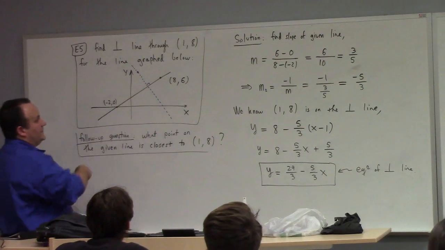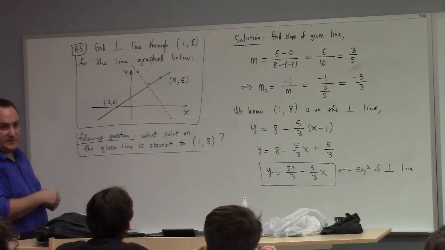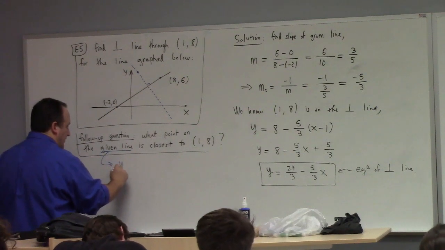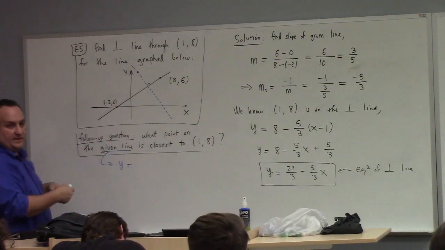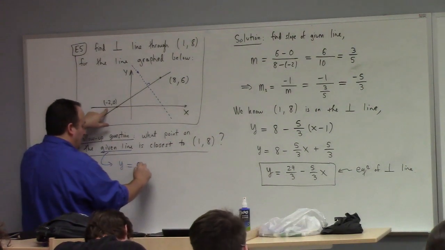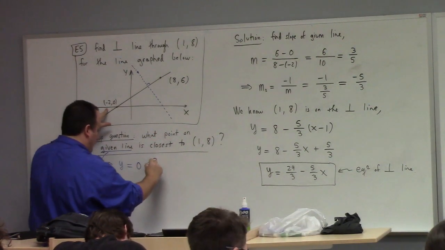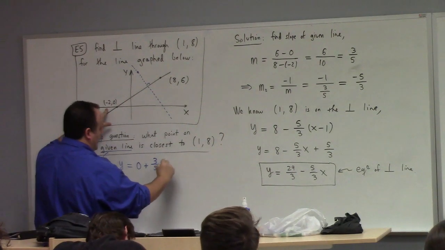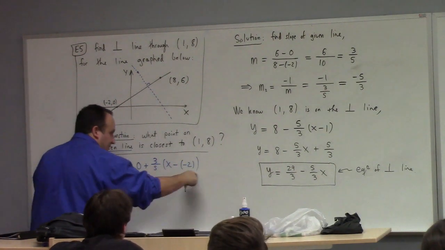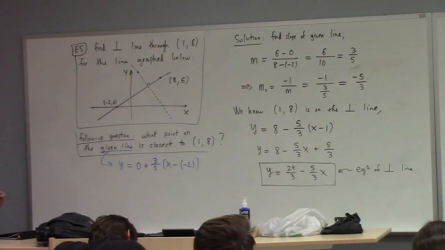Well, we know its slope is 3/5. So the given line is y equals, pick whichever point you like, I'm going to use this point right here, 0 plus 3/5 times x minus minus 2. There is the equation of the given line by point slope.